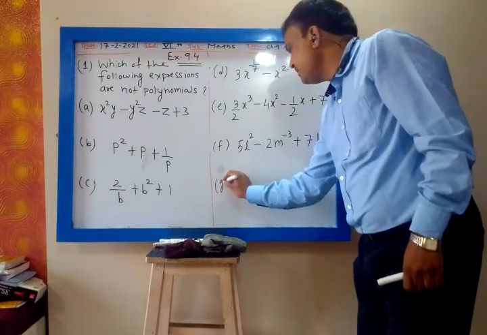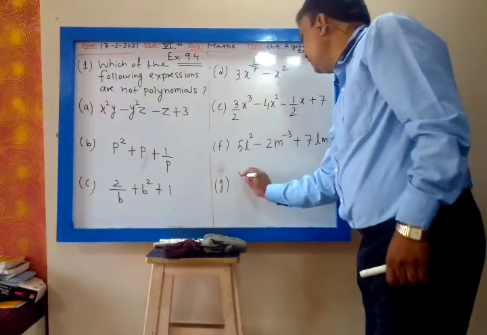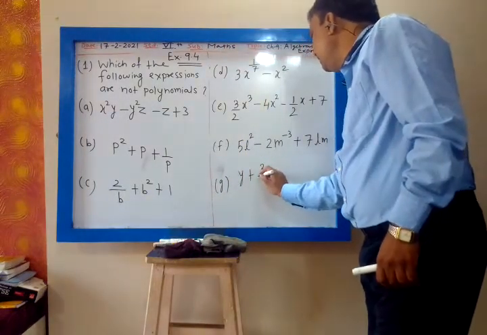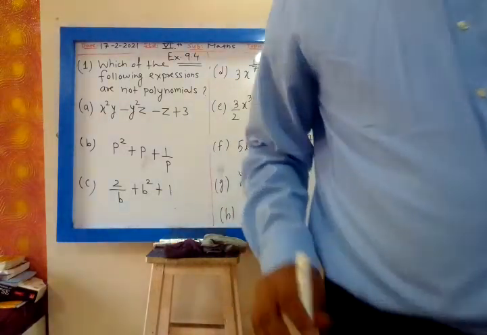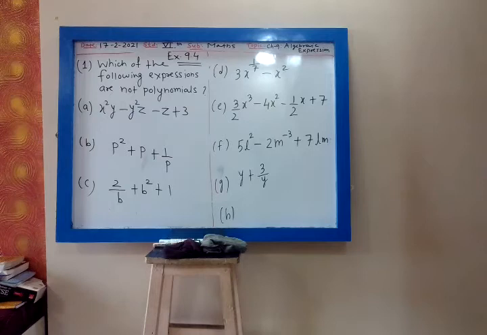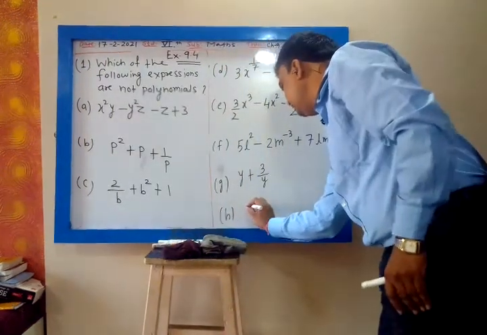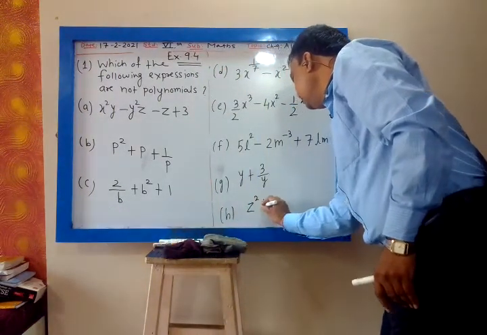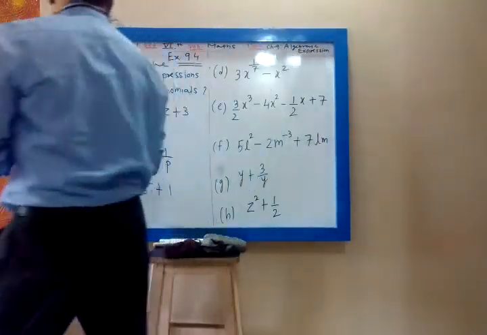Then G: y plus 3 upon y. Then H: z square plus 1 by 2. Now it is clear, very much clear. Now which are not polynomials here?